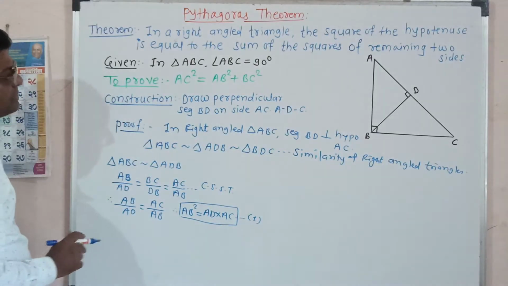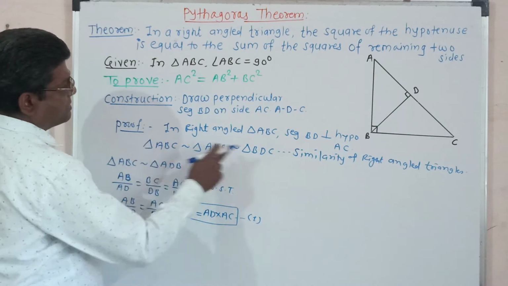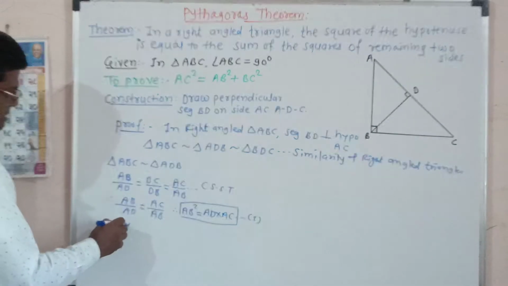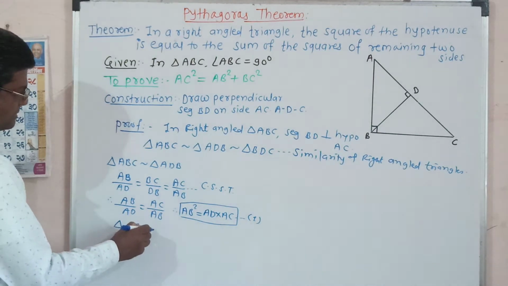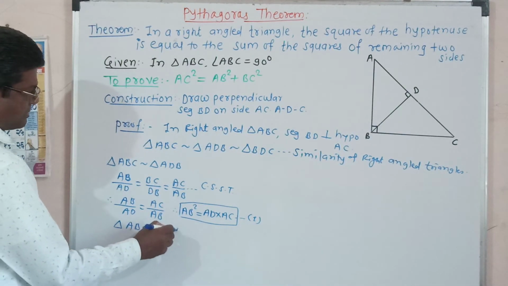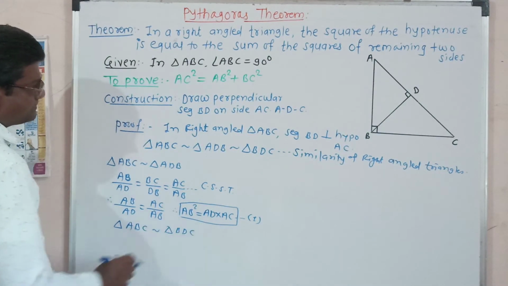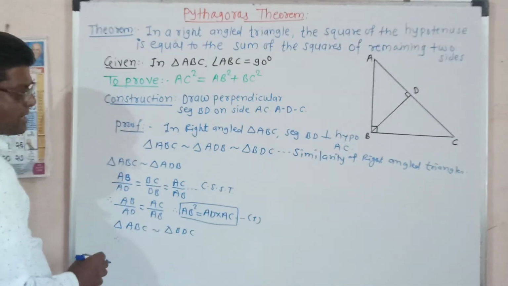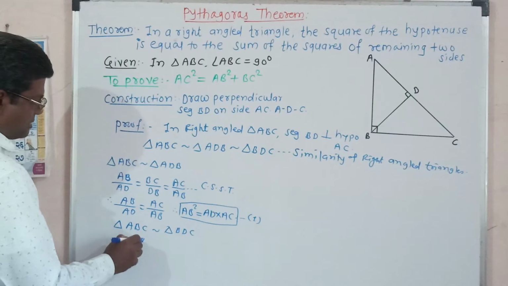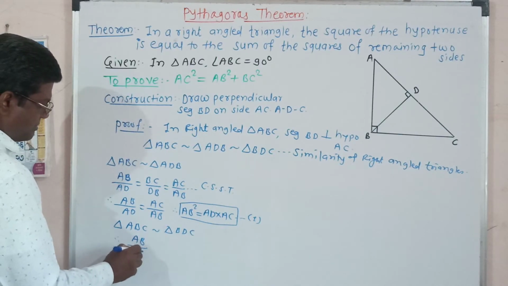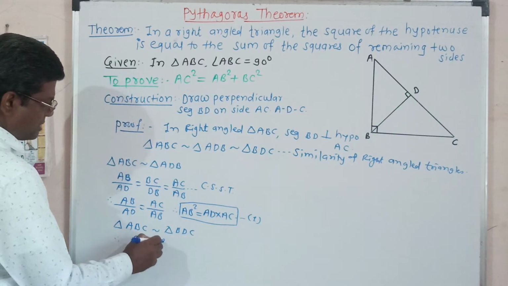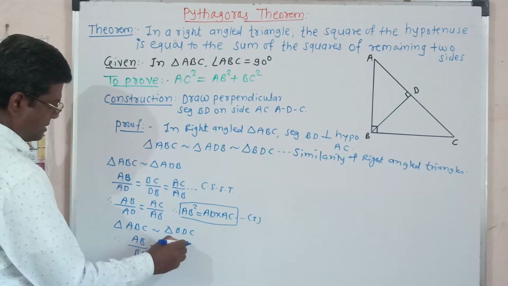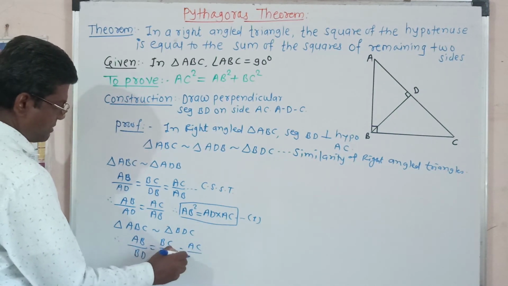Now consider these two triangles. Triangle ABC is similar to triangle BDC. Take the corresponding sides ratio AB upon BD is equal to BC upon DC is equal to AC upon BC.